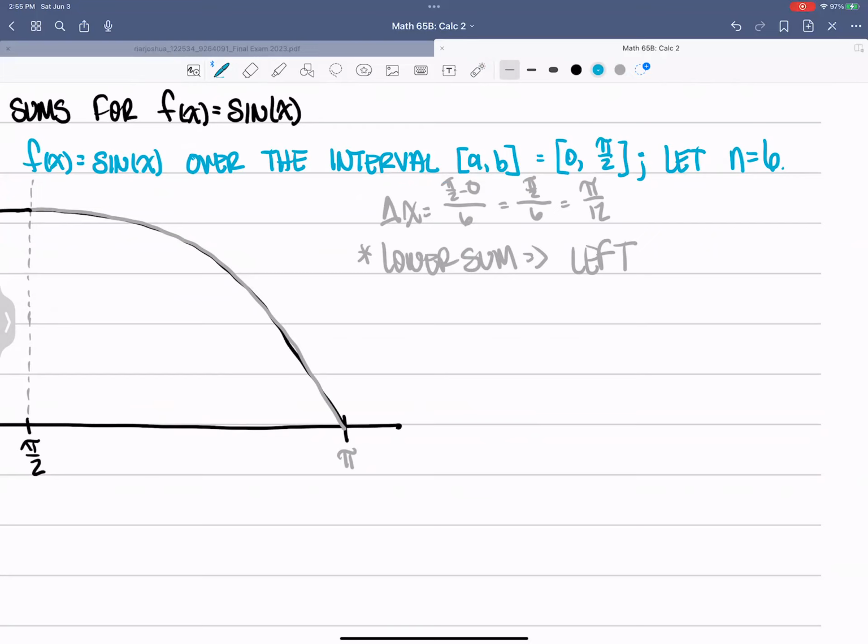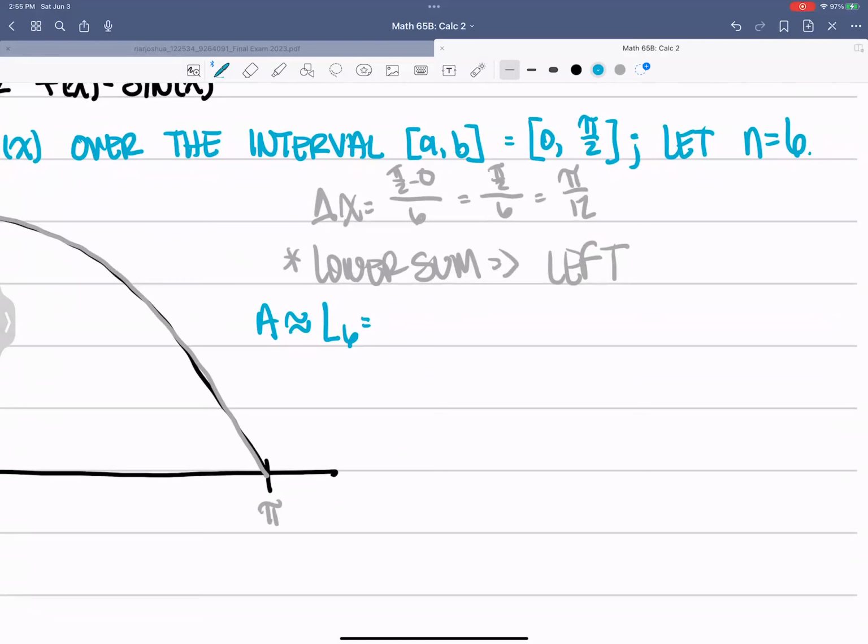All right, I feel like at this point we're kind of experts, so we can just start from here. So L6, or our area, is approximately our lower 6 squares. We'll factor out the pi 12ths that we're multiplying, that's our width for each of those. I'm afraid I might run out of room, so let's move this over this way.